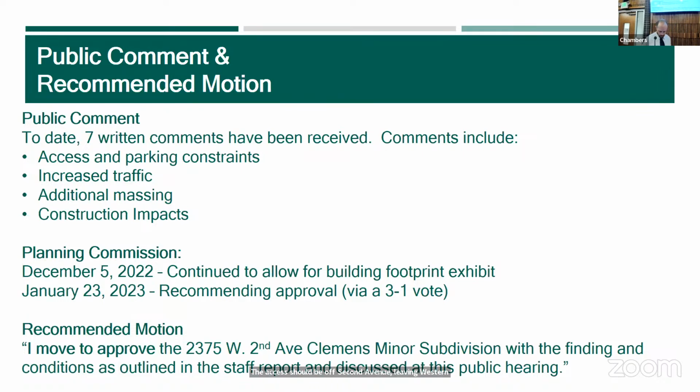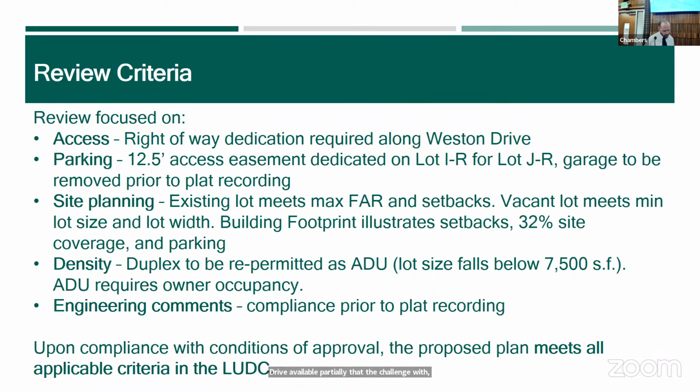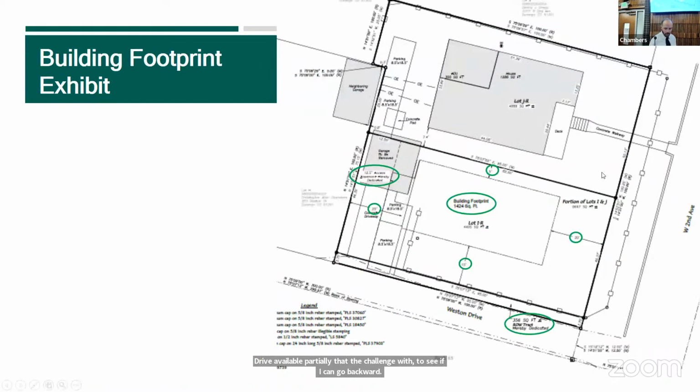Partially, the challenge with, let's see if I can go backward. The challenge with shared access off of Second Avenue is it actually is inconsistent with the land use code. It would take a variance. The way the code is structured is that you need to take access on a lower classification road, and Weston is a lower classification than Second Avenue. It would create a curb cut where one currently doesn't exist.